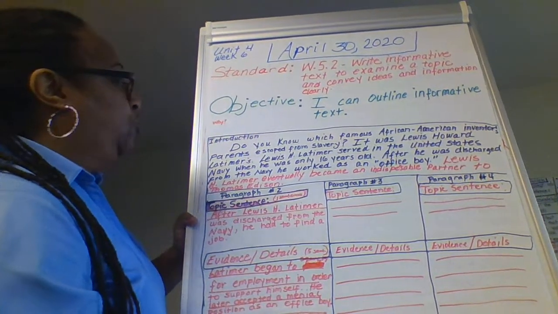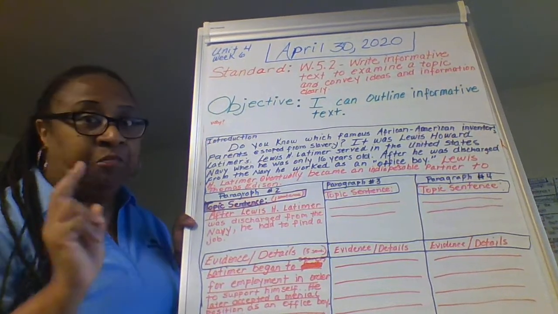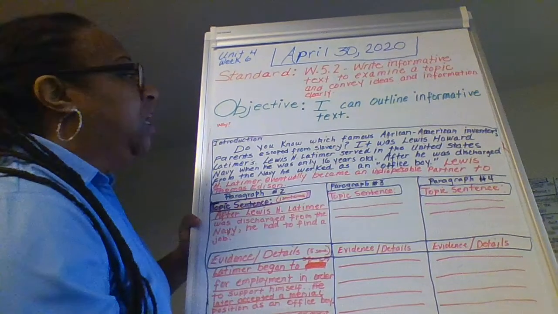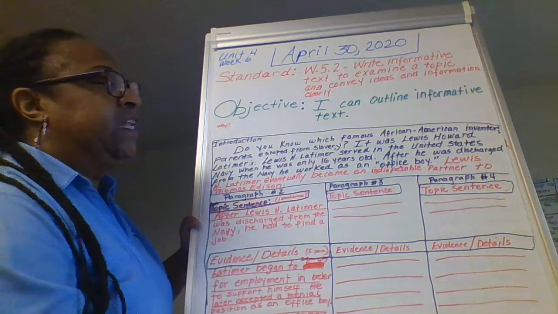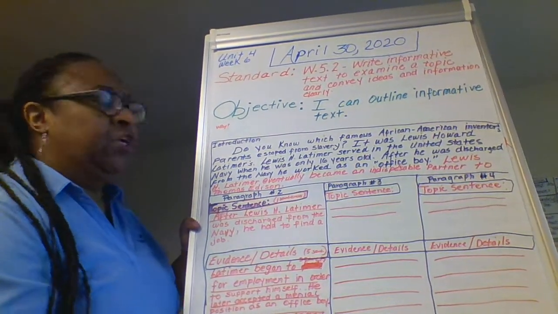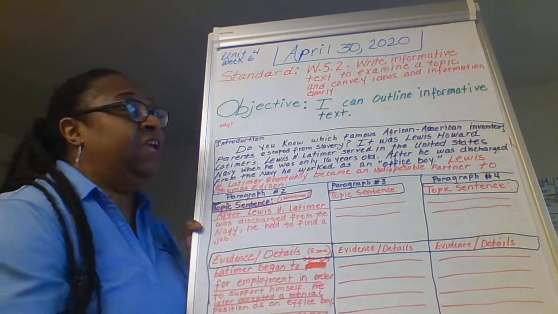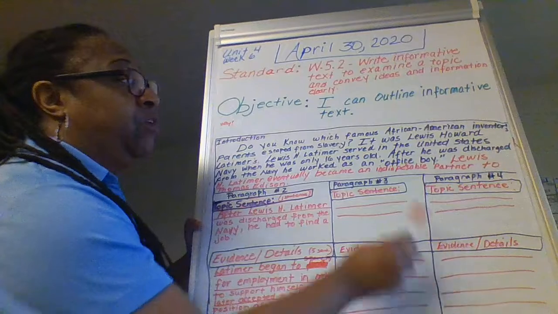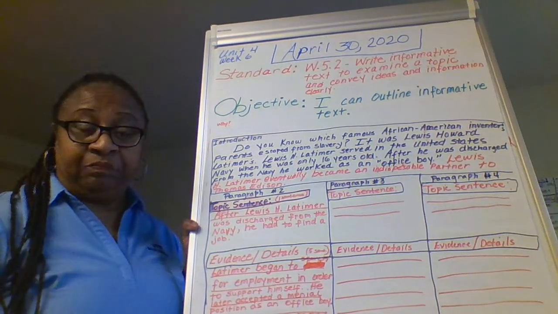After he was discharged from the Navy, he worked as an office boy. Lewis H. Latimer eventually became an indispensable partner to Thomas Edison. Okay, let's look here. We're using one of our vocabulary words, indispensable.